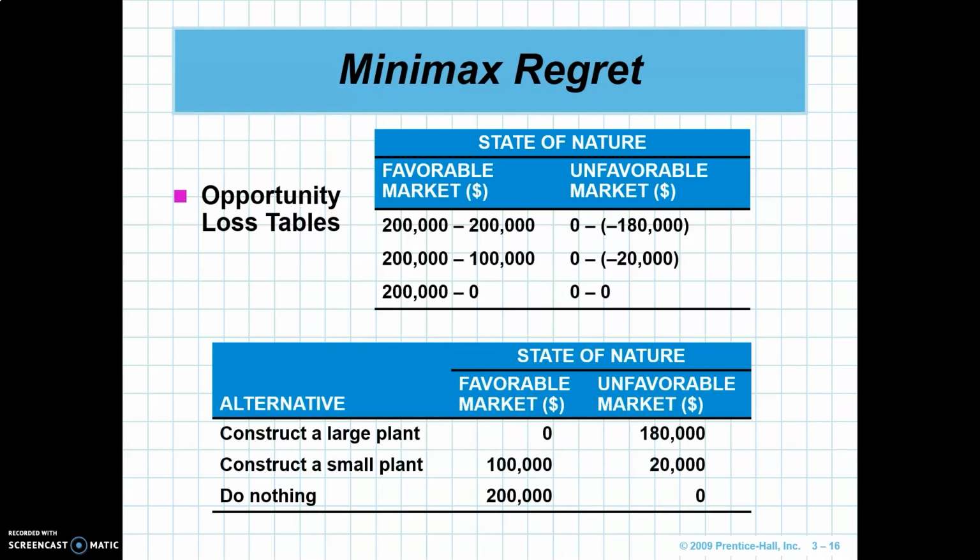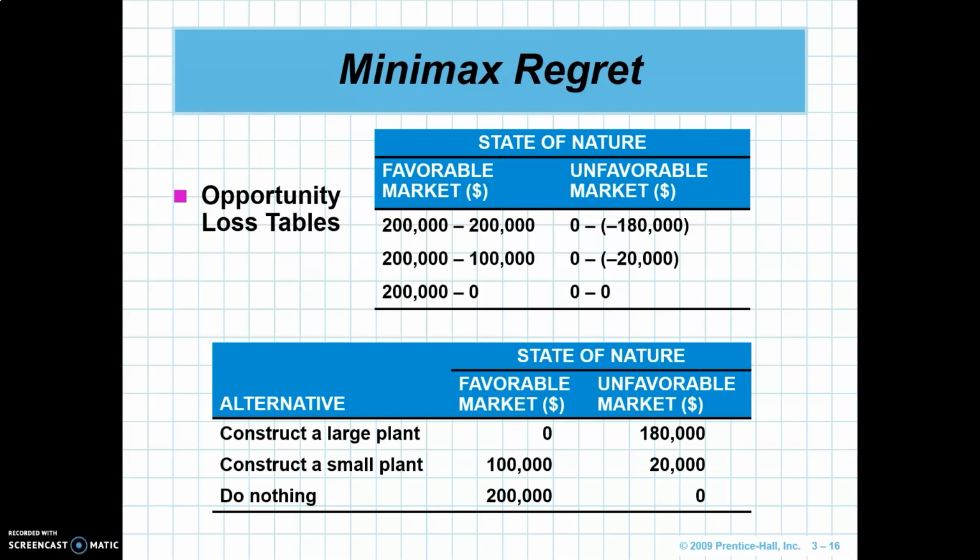We have two states of nature. The first one is the favorable market, and the next one is the unfavorable market. What has to be done is we need to subtract from the maximum of the first row.